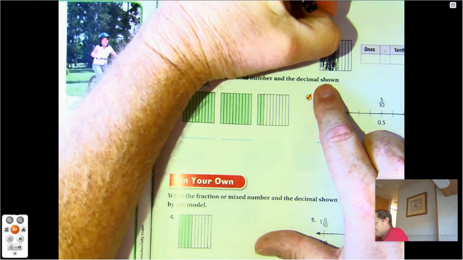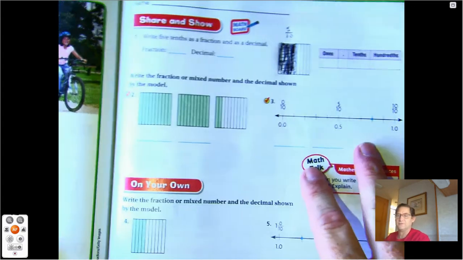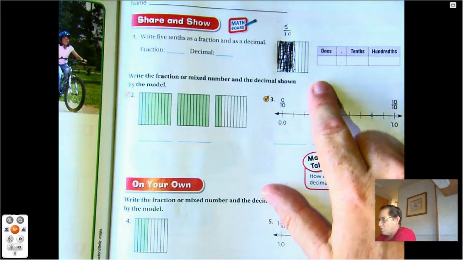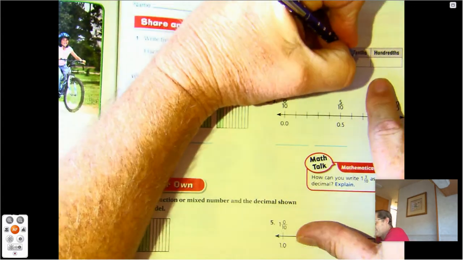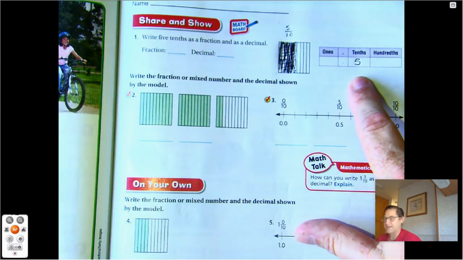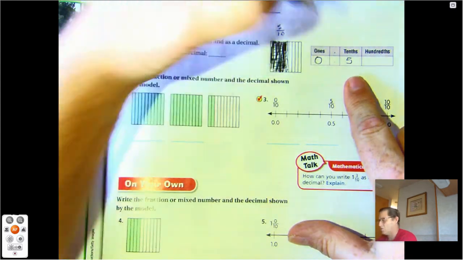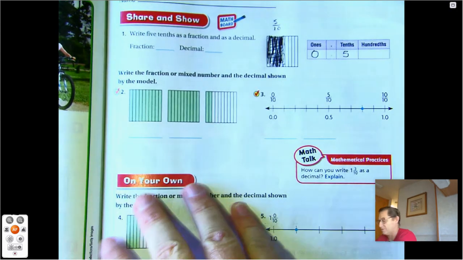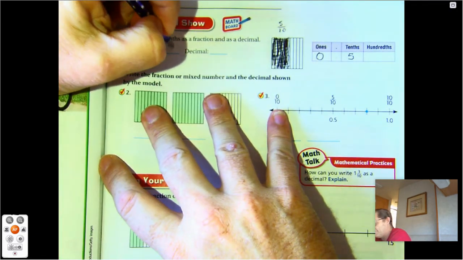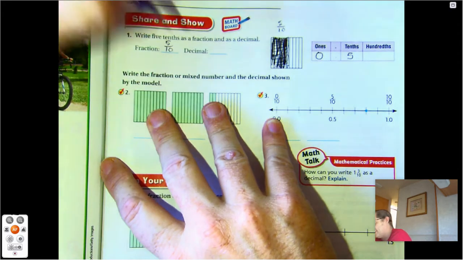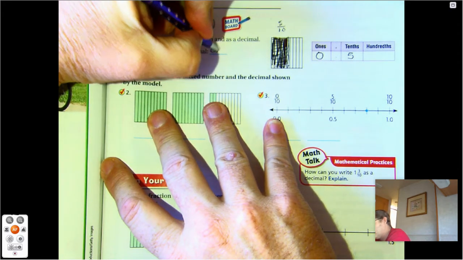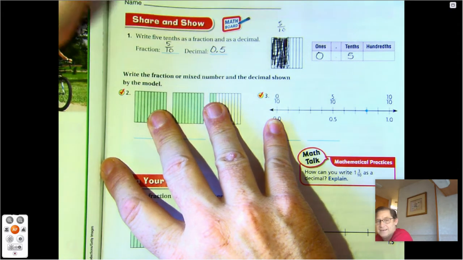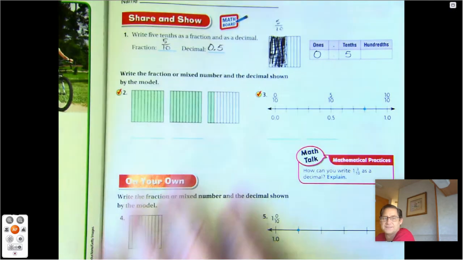I'm going to write 5/10 here. So 5/10, 5 is in the tenths place. I have 0 whole numbers. And I don't have any hundredths either. So as a fraction, I'd write 5 over 10. As a decimal, it would be 0.5, which is read as 5/10.